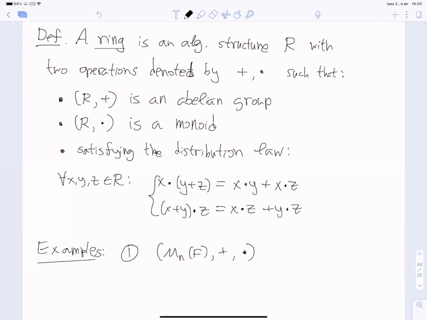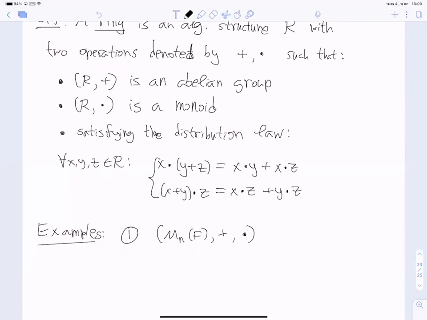This is an example of a ring, but the most basic example, we call it the initial object, the integers. With respect to the plus, it's an abelian group. I mean, the inverse of 5 is -5, but it's not a group with respect to dot.